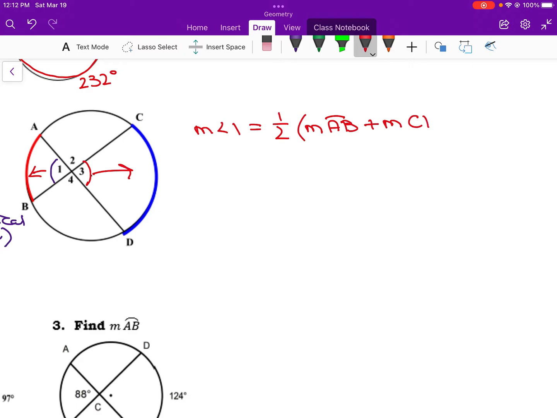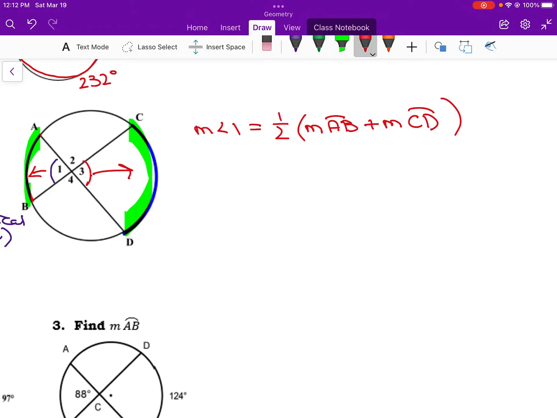So measure of CD. It's kind of like you're taking an average of the 2 arcs: one is exactly across from the angle that we're solving for, the other is across from its vertical angle. You add those 2 measures together and cut them in half.